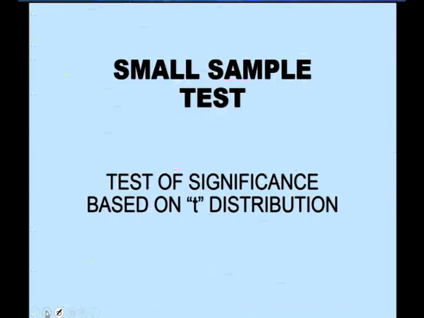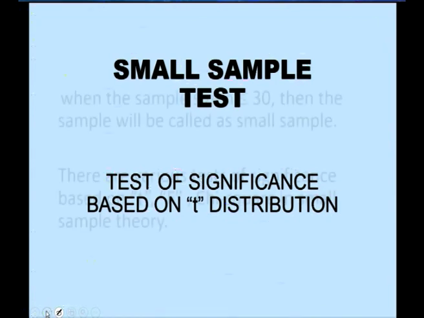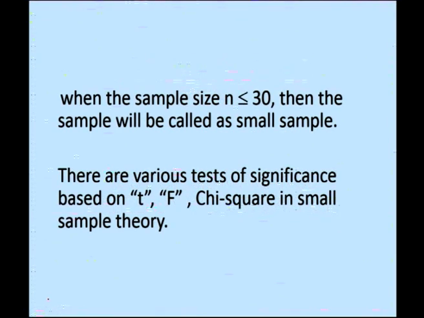After discussing all these things, next we will step into discussing small sample test of significance based on t distribution. Now, when the sample size n is less than or equal to 30, then the sample will be called a small sample, and there are various tests of significance based on small sample, that is t, f and chi-square in a small sample theory.